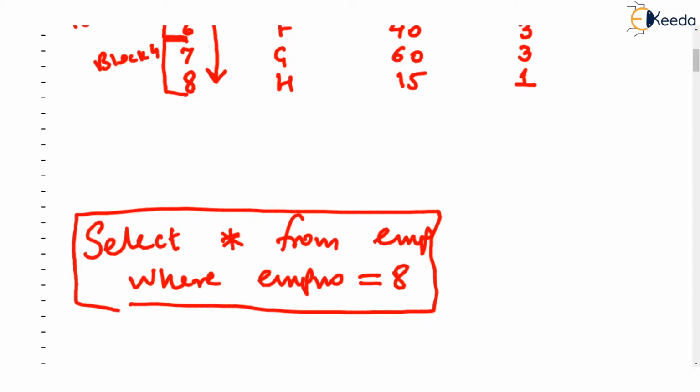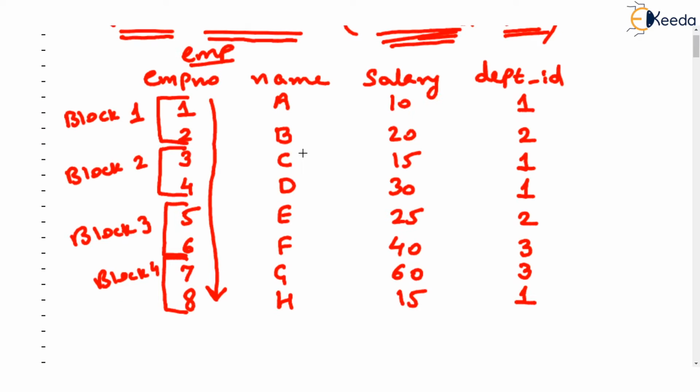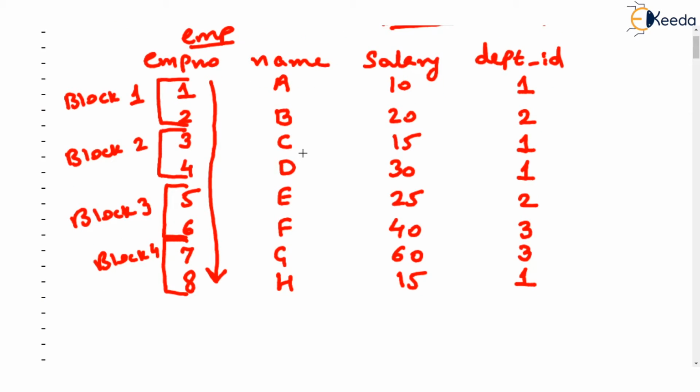But then the big question is, if this table is stored on 4 different blocks, how will the DBMS find out which block has the record of our interest? Rather, how will the DBMS come to know that block 4 contains the record which has number 8, name H, and so on? So searching is needed, isn't it?